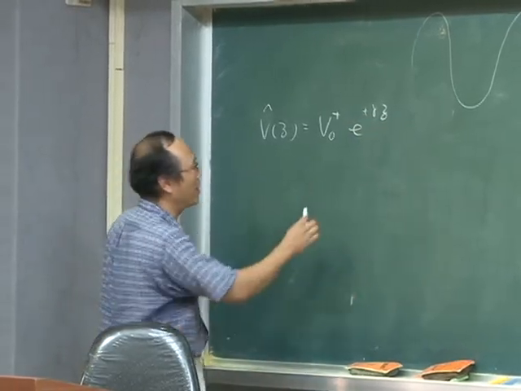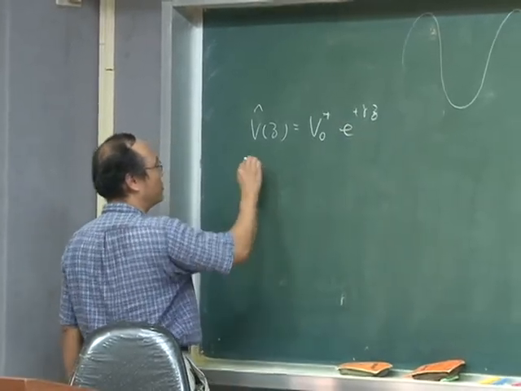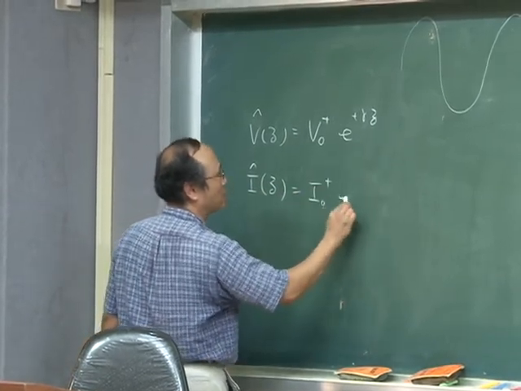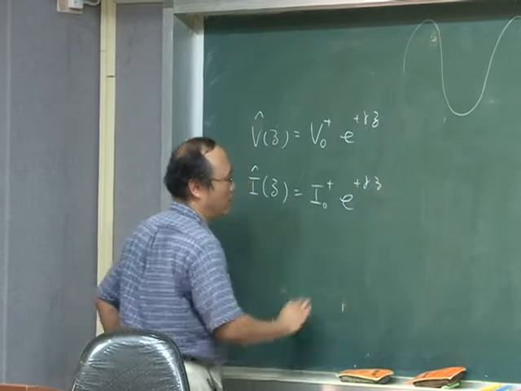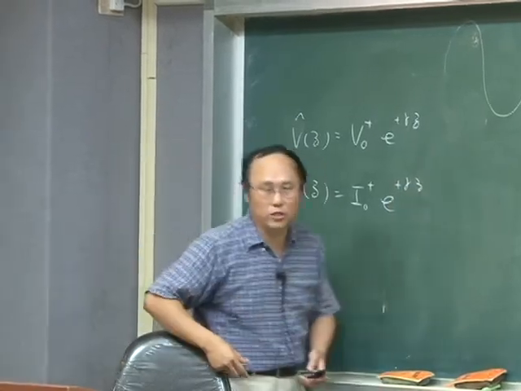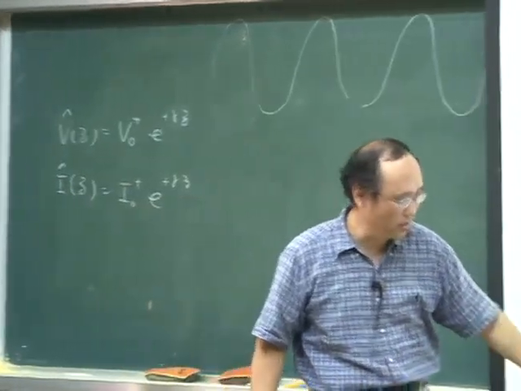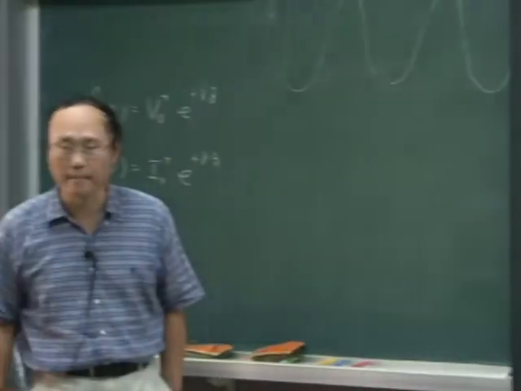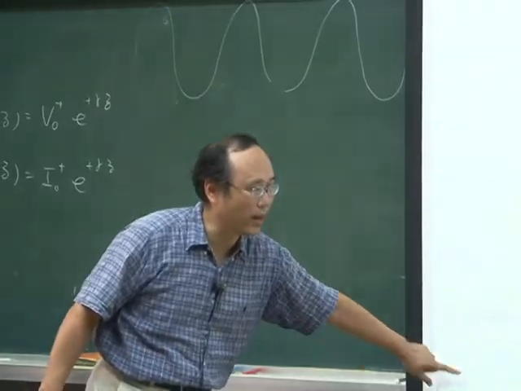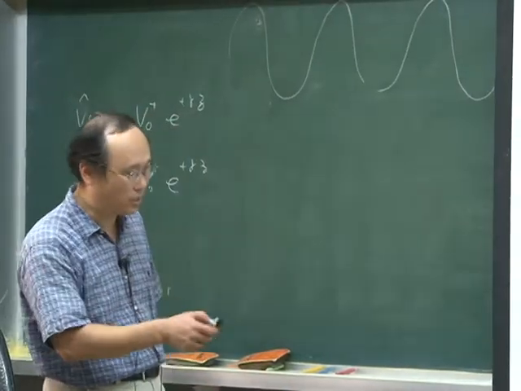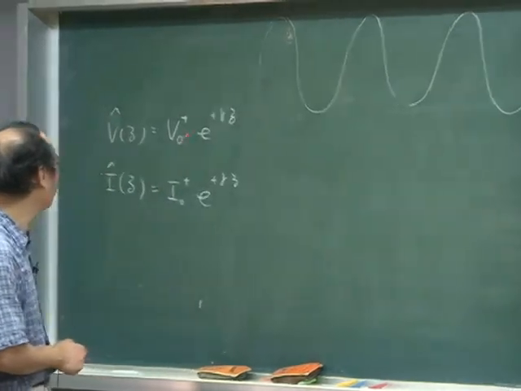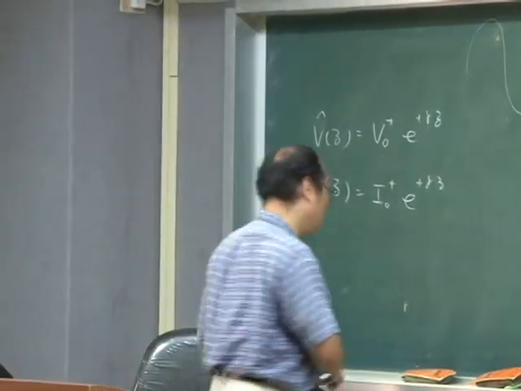Okay, and for the forward propagating signal, you have I naught plus exponential plus gamma z. And then you put these two expressions into this equation. 你把它放到这个式子里头来，或者放到这个式子里头来。And then you can find out the ratio of this over this.